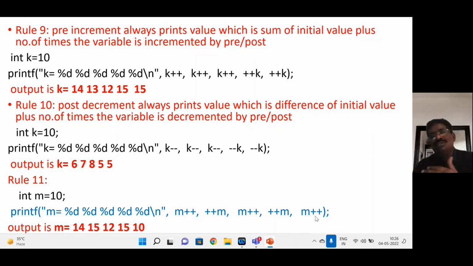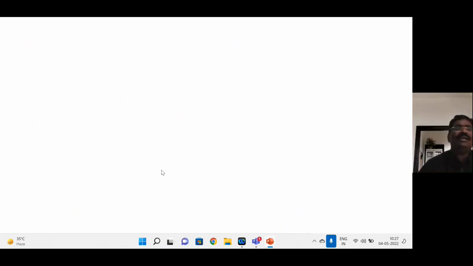If it is a post-increment, it follows the rules of post-increment, and for pre-increment, wherever you use it, it takes the initial value plus the total number of pre-increments or post-increments. That is the reason we got 10, 15, 12, and again 15, and then 14. This is the 11th rule on increment and decrement operators.